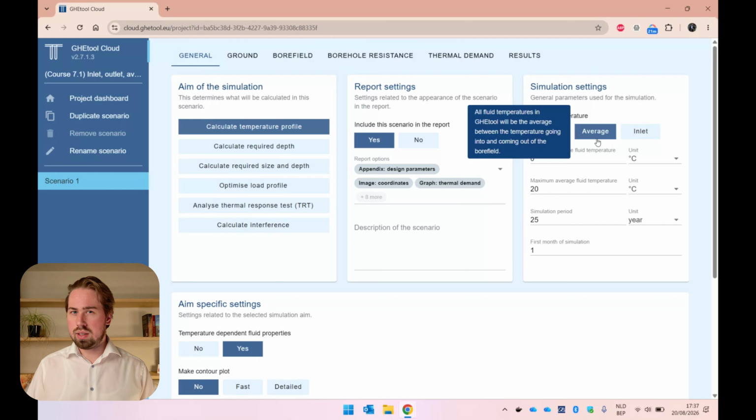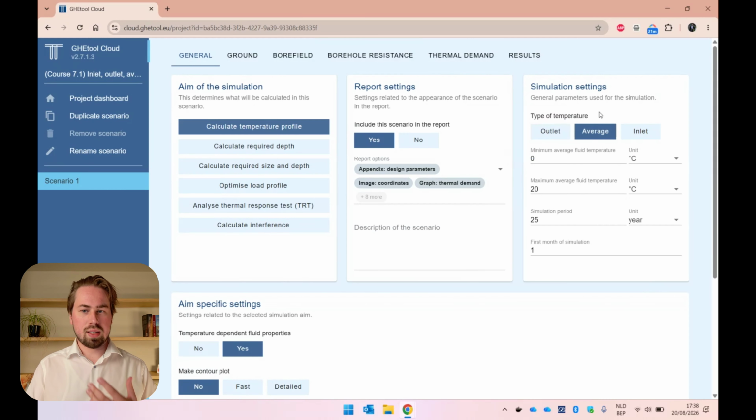And what is important is that when you change it here in the simulation settings, not only your minimum and maximum thresholds are going to change to inlet or outlet temperature, but also every other fluid temperature in the graphs. So let's start with average.